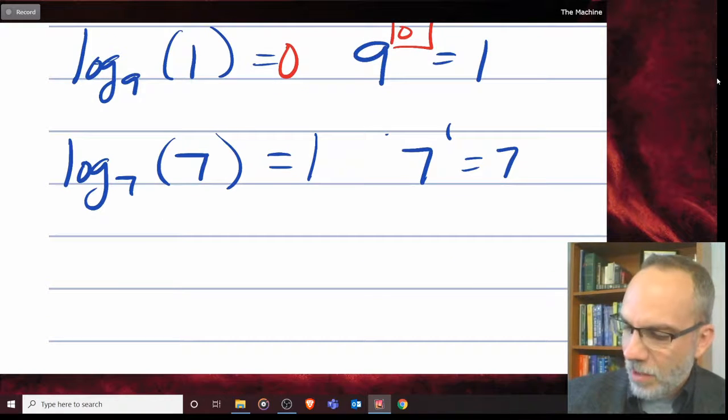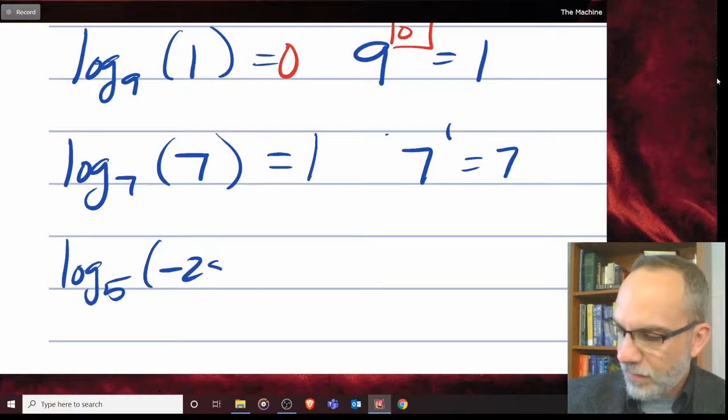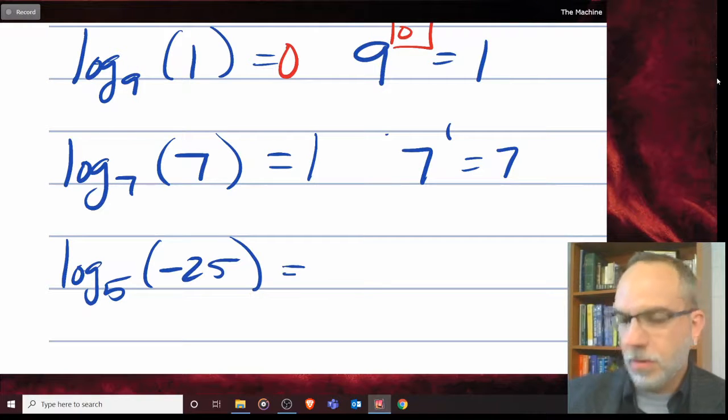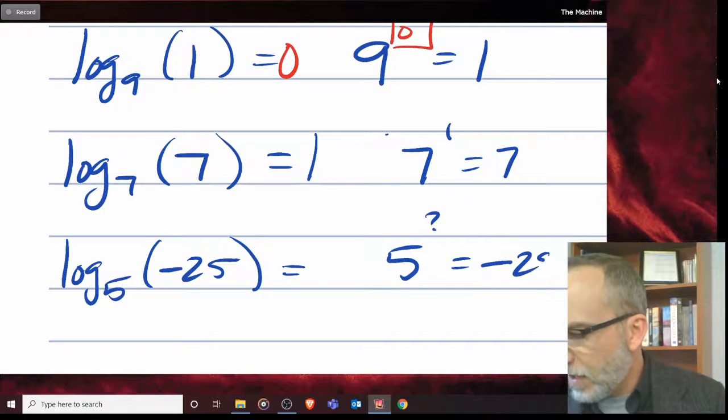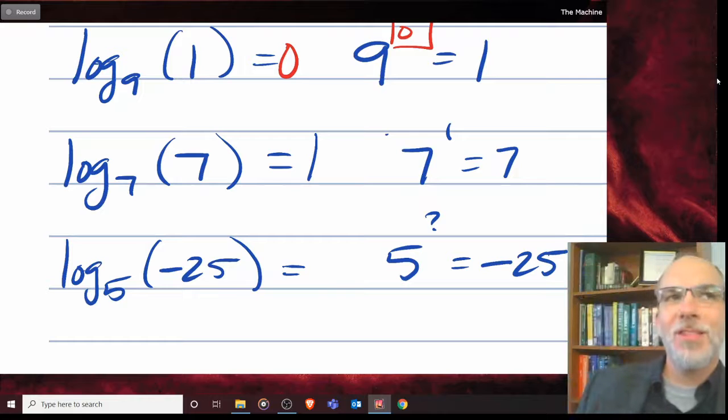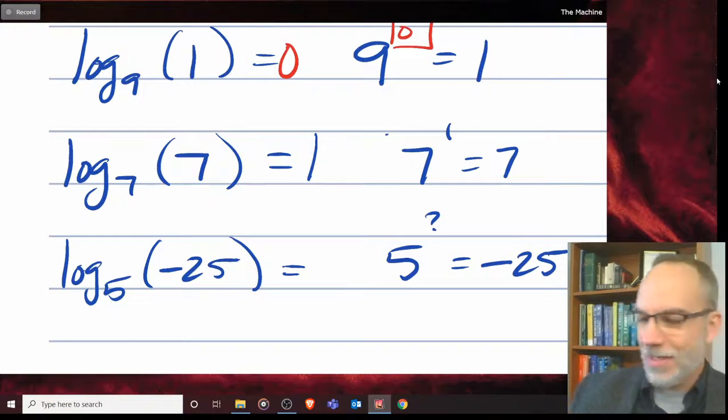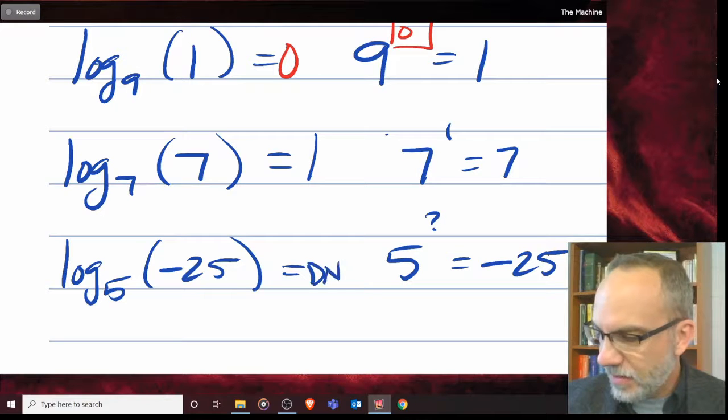All right. Now, log base 5 of negative 25. What does that mean? That means 5 to what exponent is equal to negative 25? Oh, we're back to this issue again. You remember this issue with the square root? Okay, this does not exist.